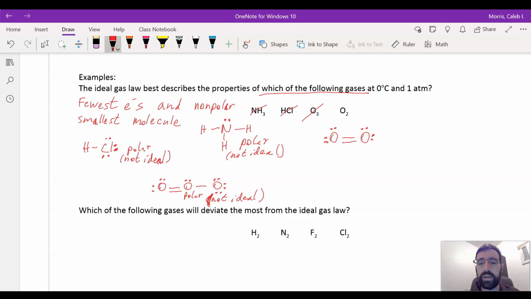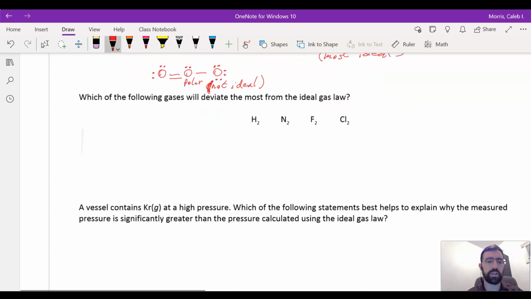Make a double bond. 2, 4, 6, 8, 2, 4, 6, 8. And you can see this is a linear structure where the electrons are shared evenly. This is nonpolar. It's the most ideal. So that's the answer to the first one.